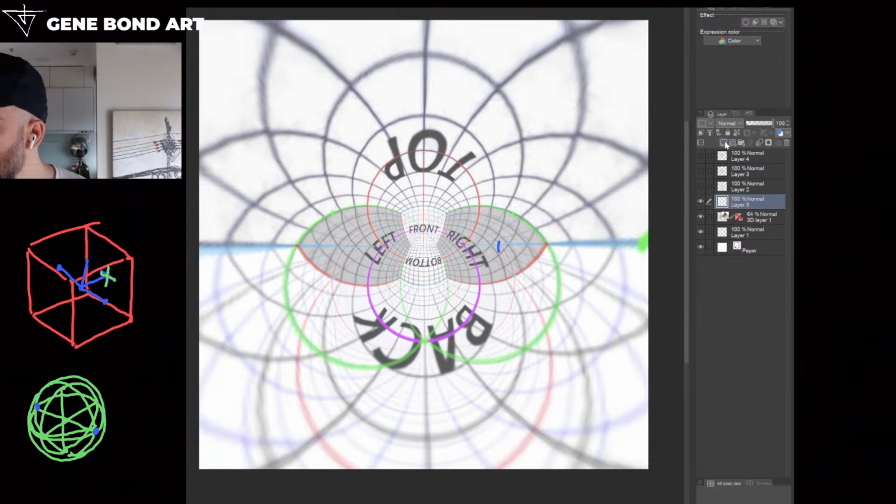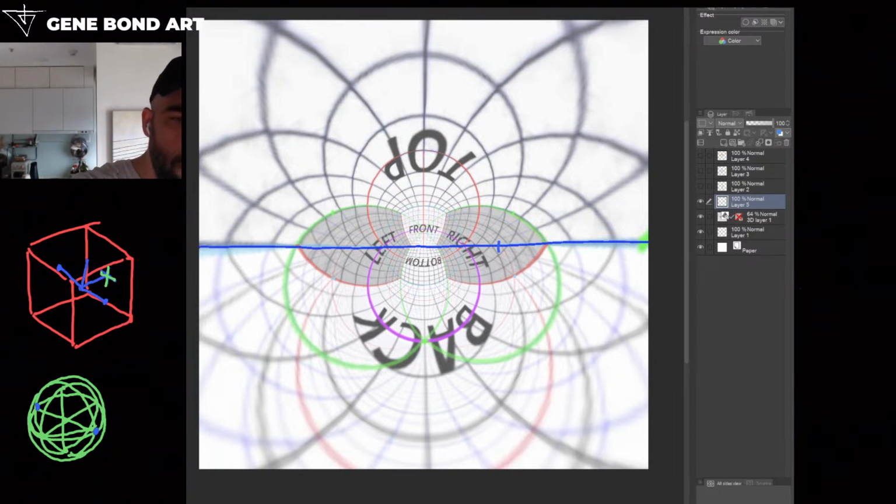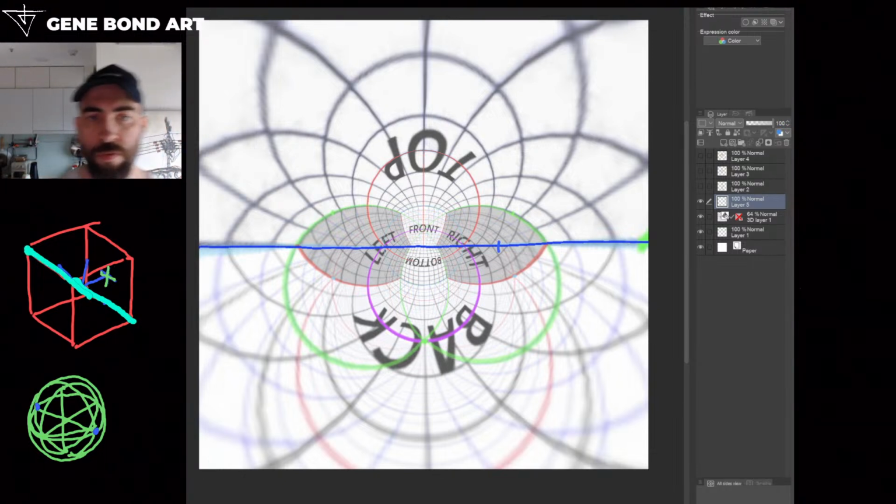So here, so this straight line, it's a diagonal line of the right and the left sides of a cube.